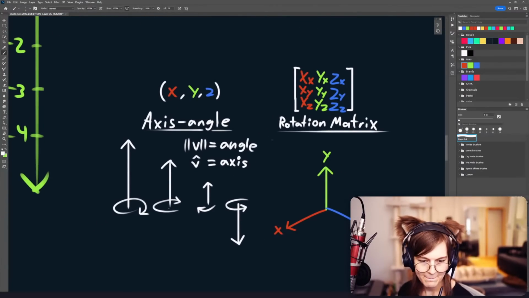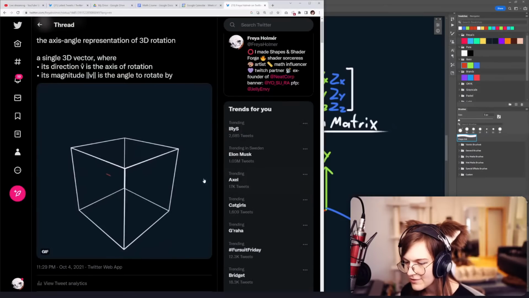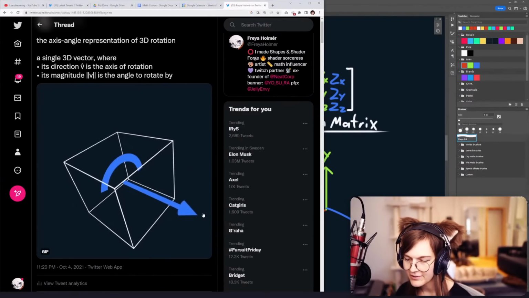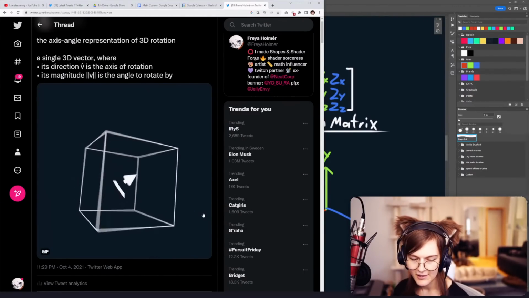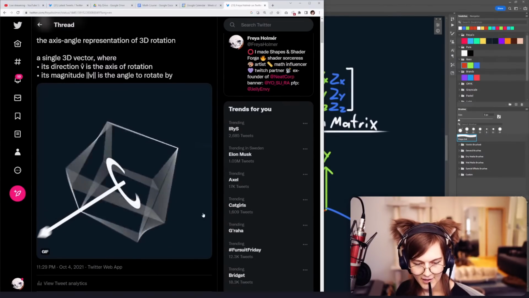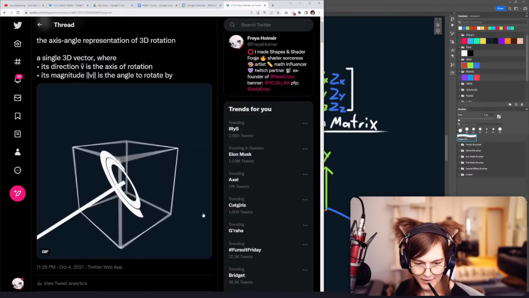What are the arrows supposed to represent? So the arrow represents both the axis it's rotating by, and the length of the arrow is how much it's rotating. So the longer the arrow, the further it's going to rotate. I hope that makes sense.